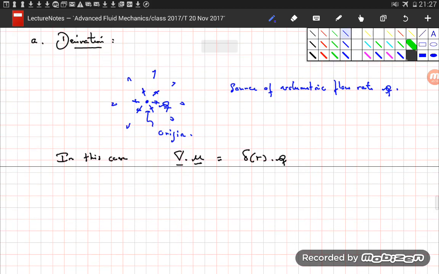This delta function simply means that for r not equal to 0, anywhere in the bulk of the fluid, we have the incompressibility condition, so we have mass conservation, except for r equal to 0, where the divergence of u is equal to infinity, if you want. We create volume.